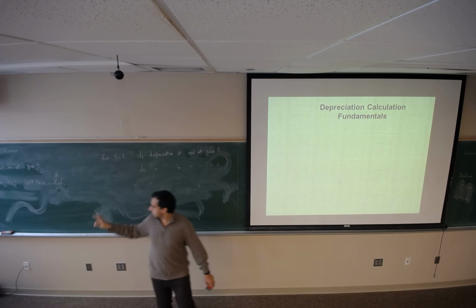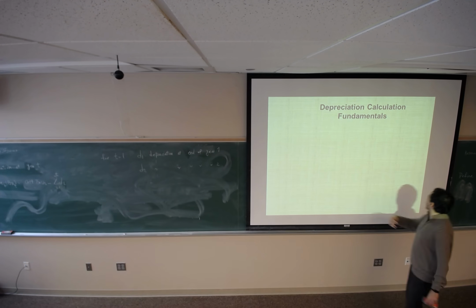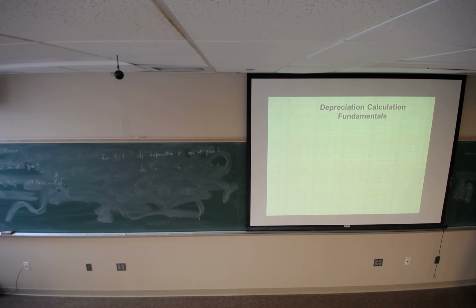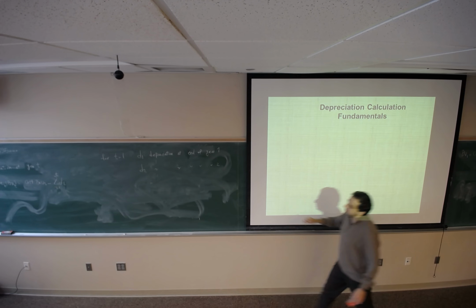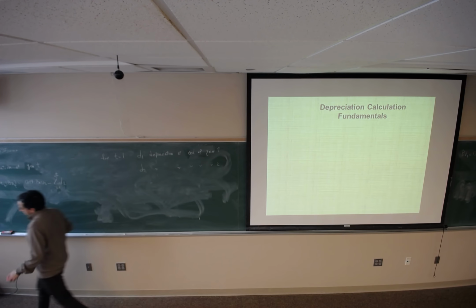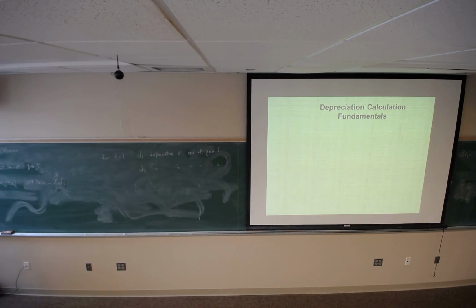Let me just write the equation first, then I'll explain it. The book value at the end of year 1 means whatever the cost basis is minus D1, whatever you have for depreciation.